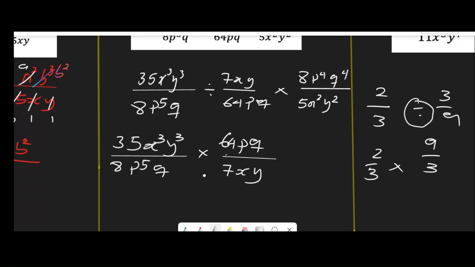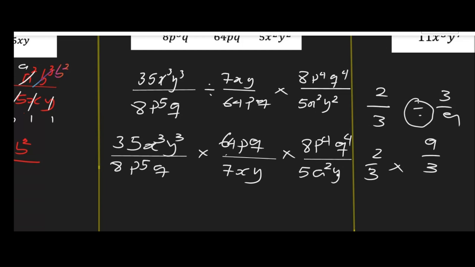Take notice of that. The last one is going to be this times 8p exponent 4 q exponent 4 all over 5x squared y squared. So we only find the reciprocal of the next fraction, which is this one, not the third one. So take notice of that.